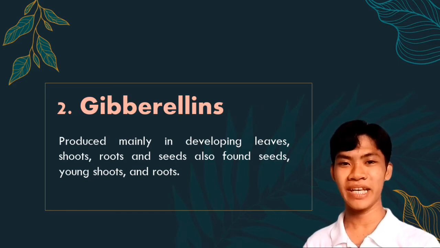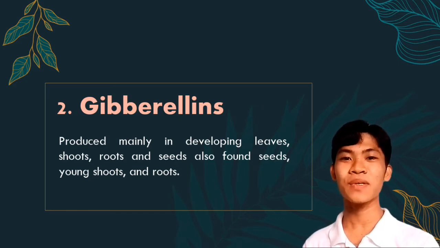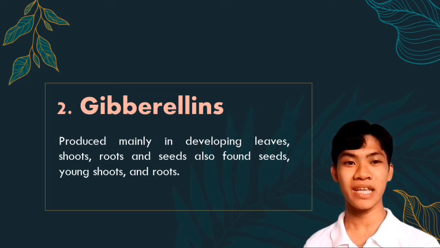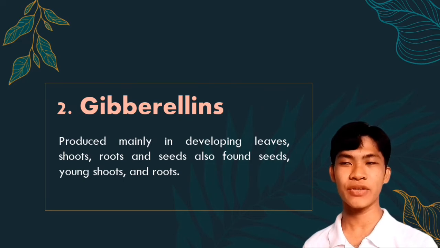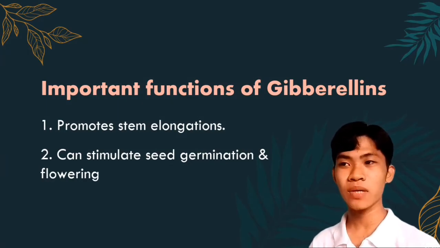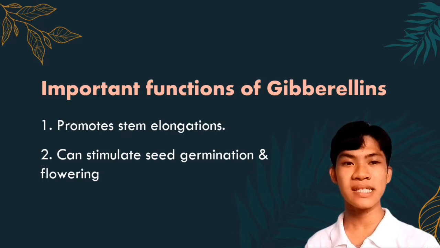Second is the gibberellins. Gibberellins are also considered growth hormones. They are produced mainly in developing leaves, shoots, roots, and seeds. Also found in seeds, young shoots, and roots. The major function of gibberellin is stem elongation and to stimulate seed germination and flowering.